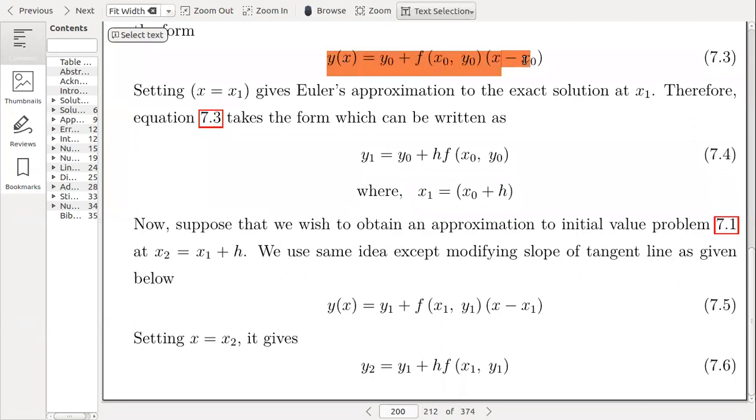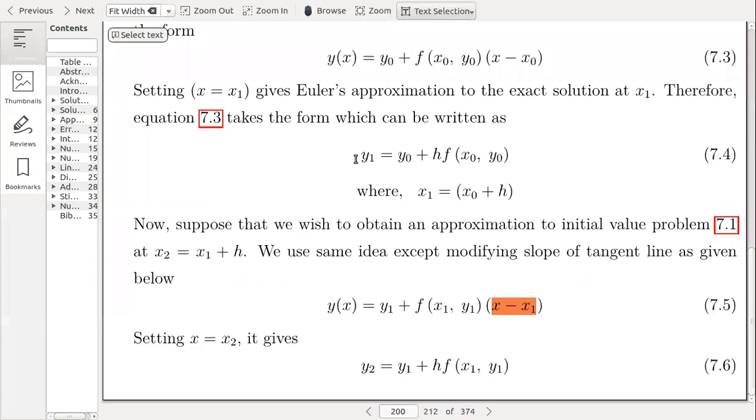So we take the function value at the point x1, y1, and x minus x naught becomes x1. Then this will be y2 equal to y1 plus h f of x1, y1.